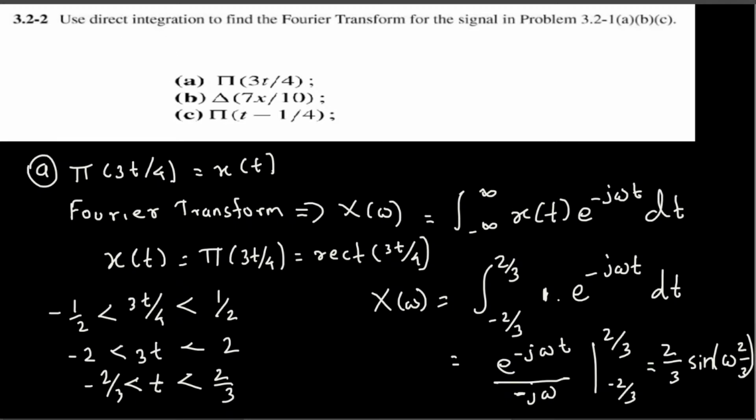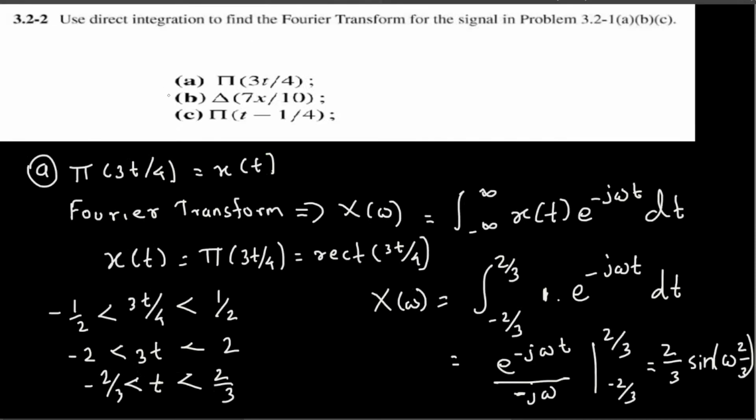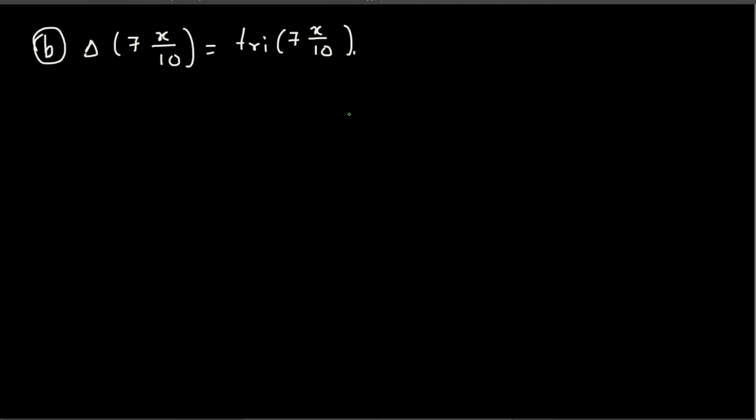Now let's look at the B part. Here we have a triangular function, triangle(7x/10).